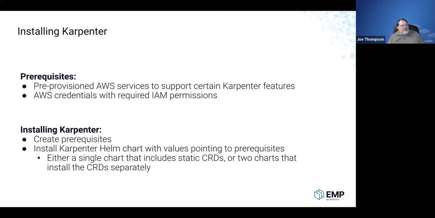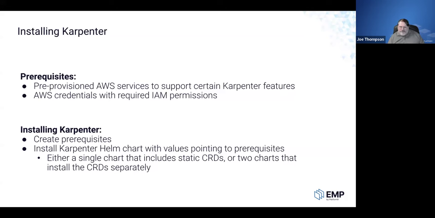So the install for Karpenter is usually a two-step process. You pre-provision those AWS services if you're using them, the queuing service queue and the EventBridge rules. You do need to provision those AWS credentials in whatever form is necessary for your environment.